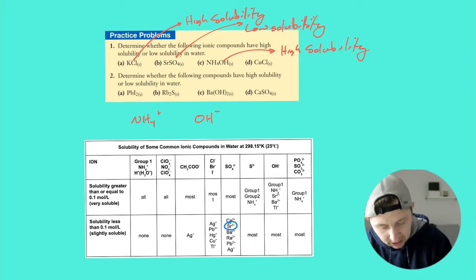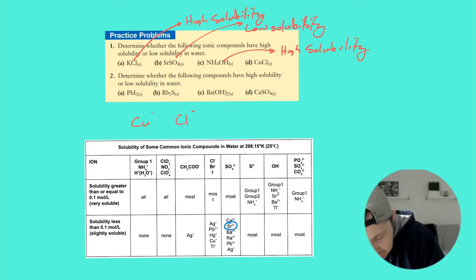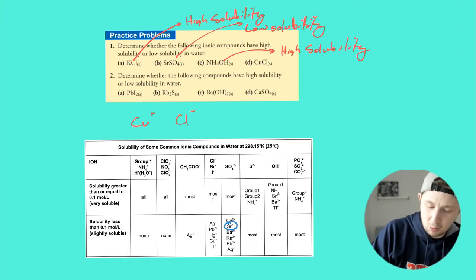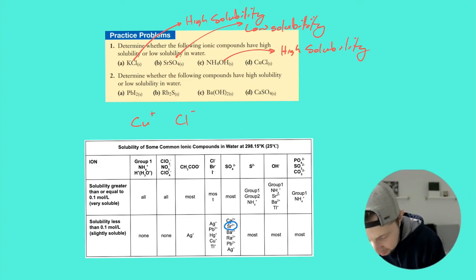Copper chloride, okay? We know that this is copper 1 chloride because, ooh, that's not erasing. Let's go like this. Here, here, here. Perfect. So we know that this is copper 1 because chloride is a 1 minus charge. So based on our formula, this must be a 1 plus charge. All right, so now we want to see, will this dissolve? So let's go take a look here.